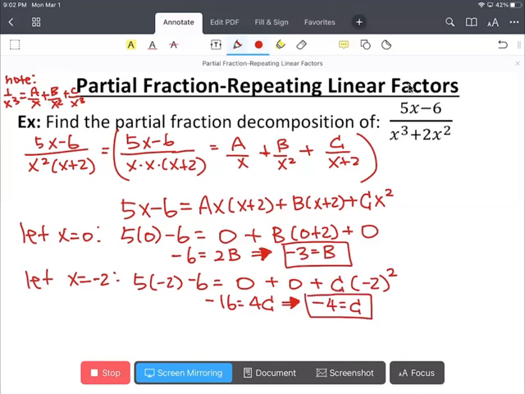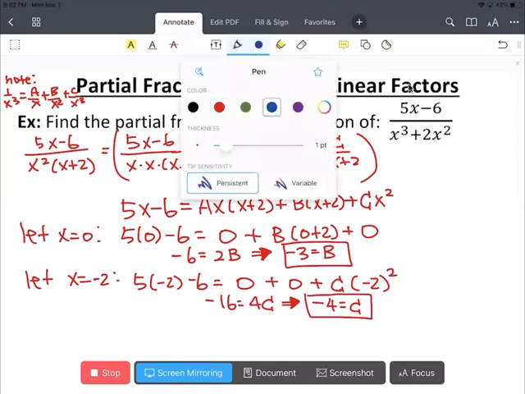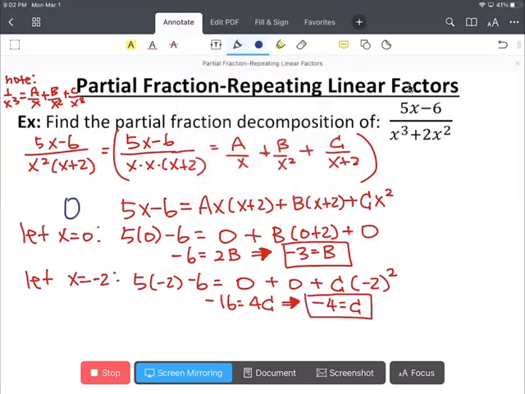So in order to find a, what I'm going to do is just write 0x squared for my left-hand side. I'm going to use that part, and I'm going to use what I'm going to box for my right-hand side.